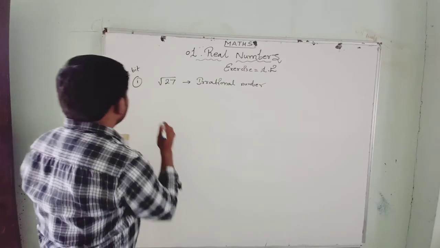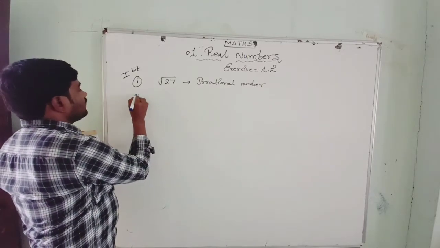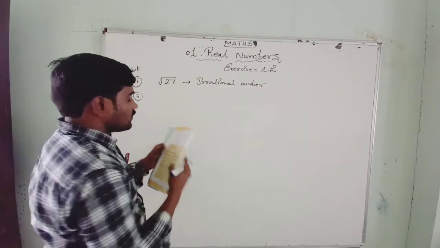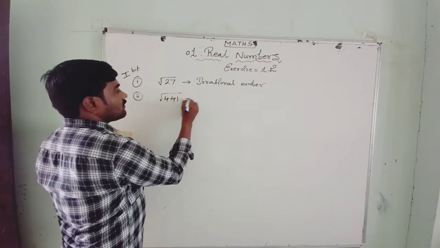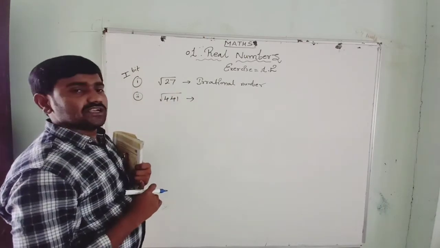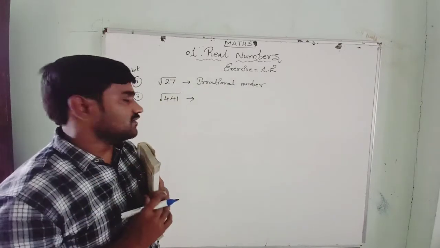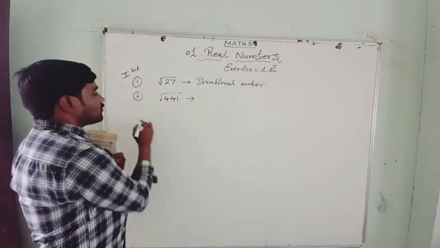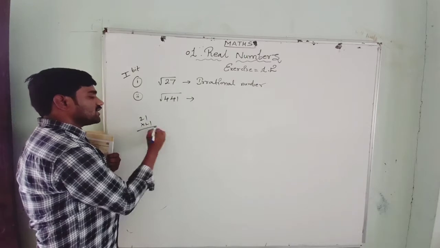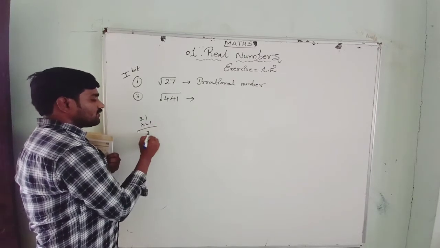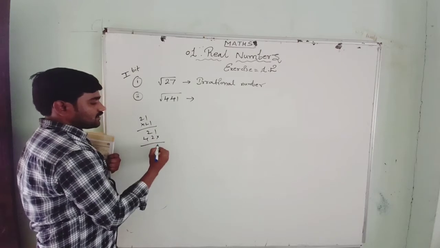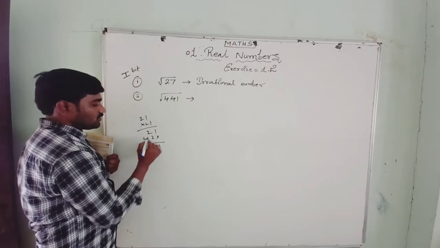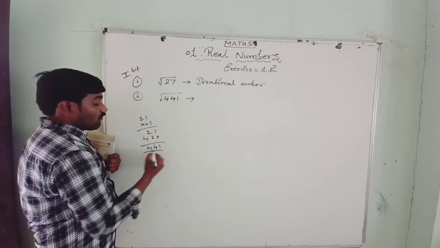Then we go for the second one. Square root of 441. Is it a rational number or irrational number? Can you tell? Suppose you do 21 into 21, what will you get? 1 into 21 is 21. 2 into 21 is 42. So 441.